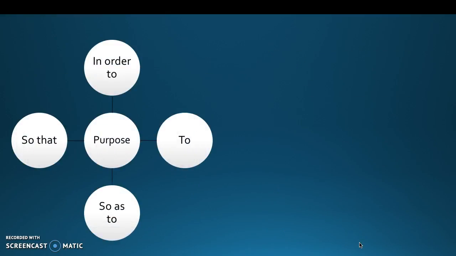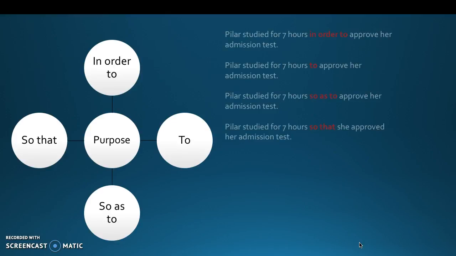And last but not least, the purpose cohesive devices: in order to, so that, to, and so as to. We have here the same example, but we are using all those cohesive devices in the same way. In order to and so as to are used the same way and have the same function. The only one that has an exception is so that.